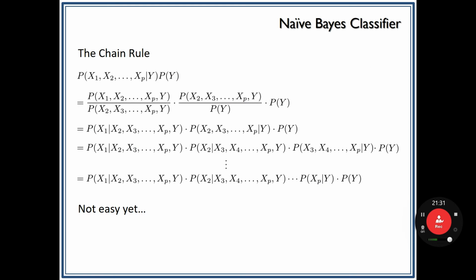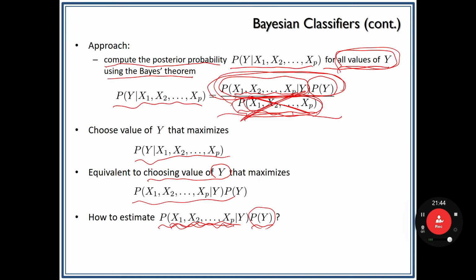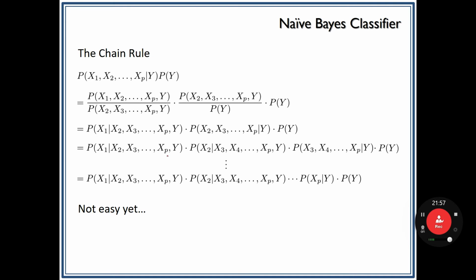So what we have to do is first incorporate the chain rule. Coming back to the previous slide, we want to choose the class value of y that maximizes this quantity.